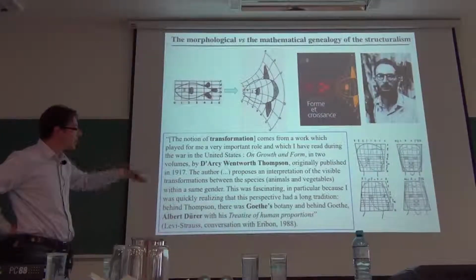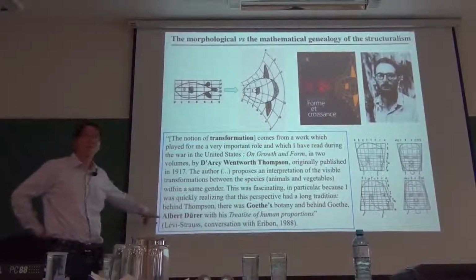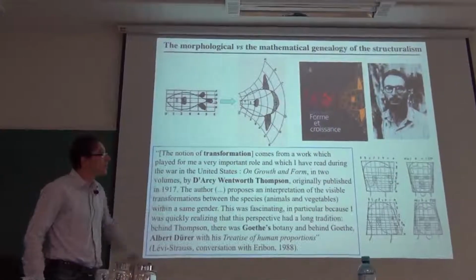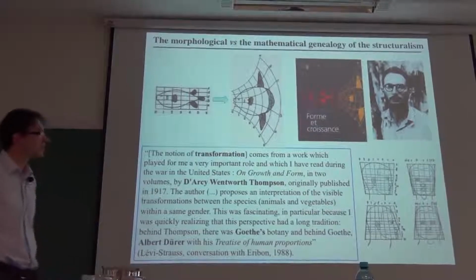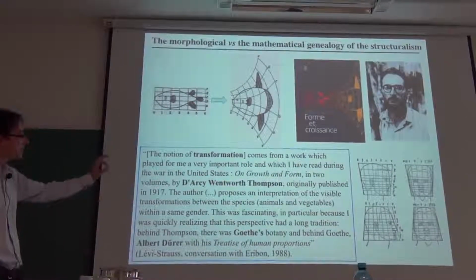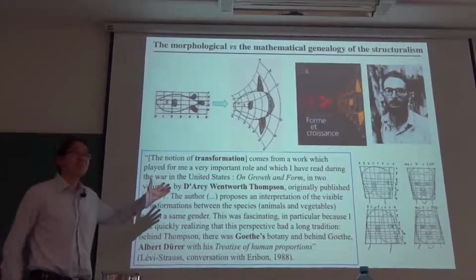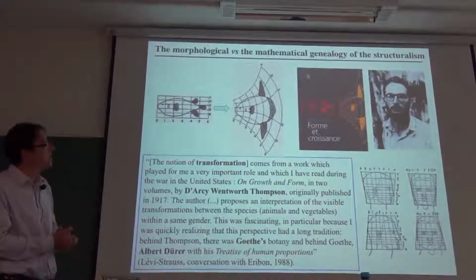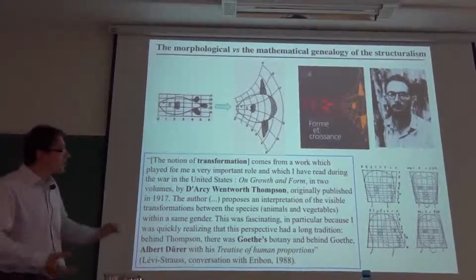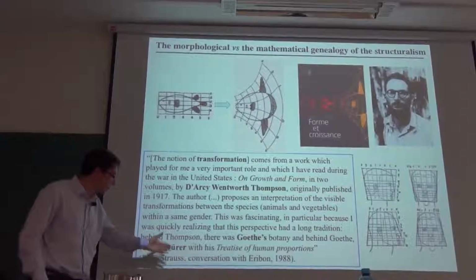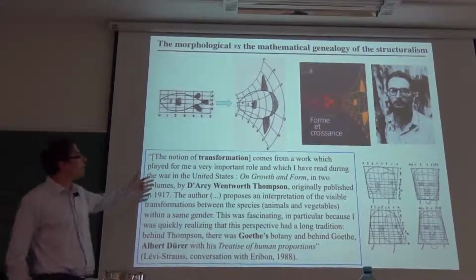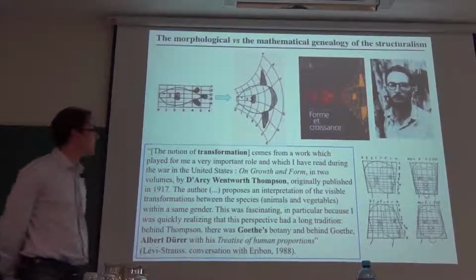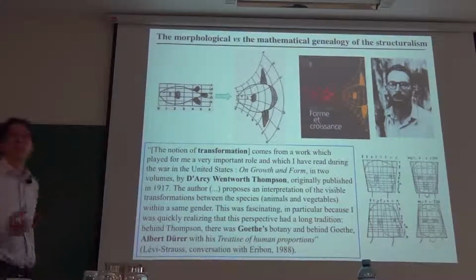Actually, there is an interesting conversation by Levi-Strauss with the writer Eric Bohr that I translated quickly in English, so my translations don't pay too much attention to the details, but the idea is that the notion of transformations, which is very central in structuralism in the 60s, actually comes, according to what Levi-Strauss says, from this work by D'Arcy Thompson, which has to do with morphological properties.